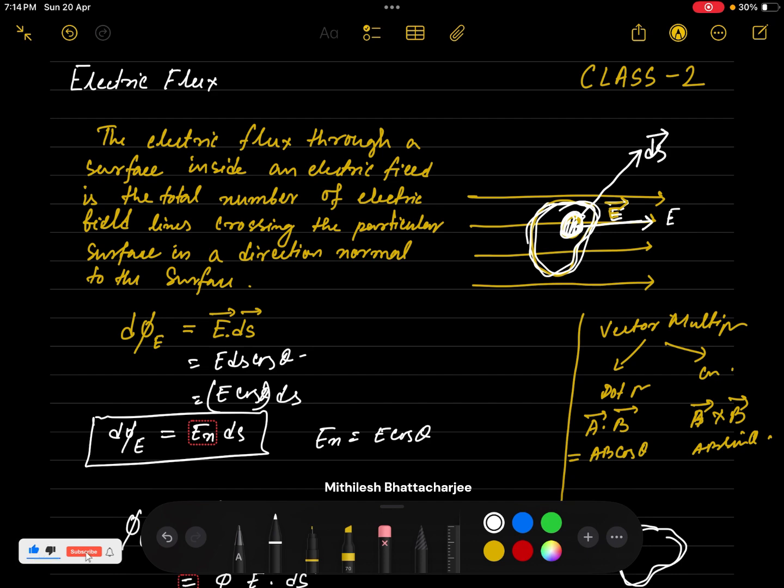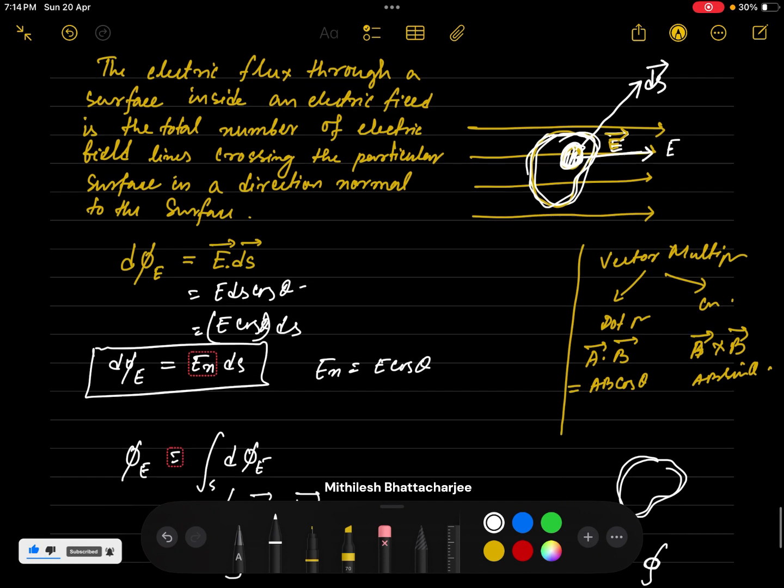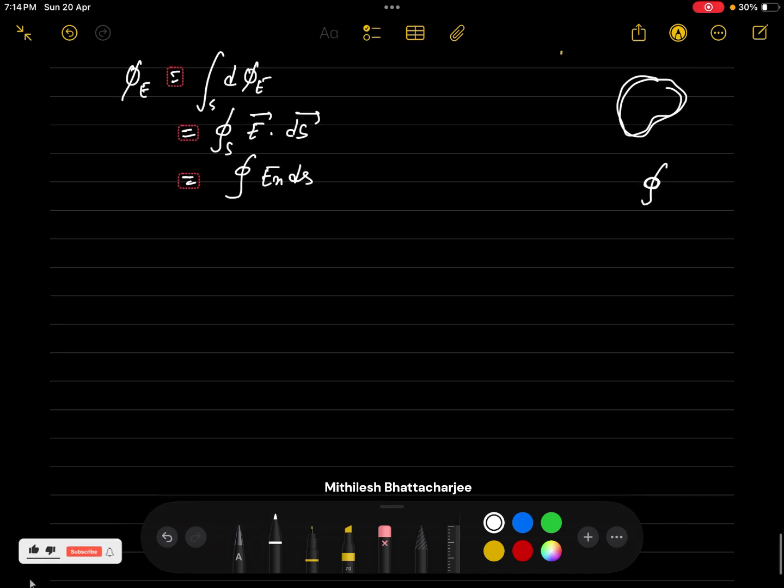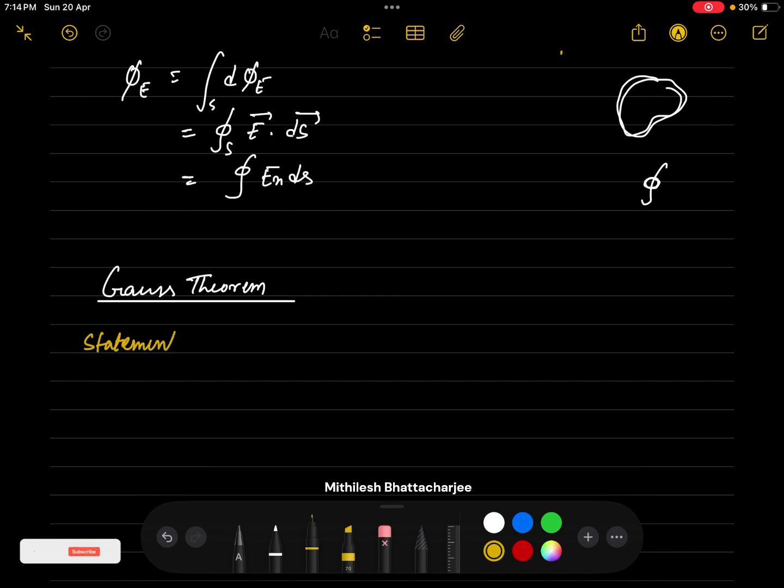So now we will see the theorem, which is the Gauss theorem, related to the electric flux. Let me first write the statement of the Gauss theorem.